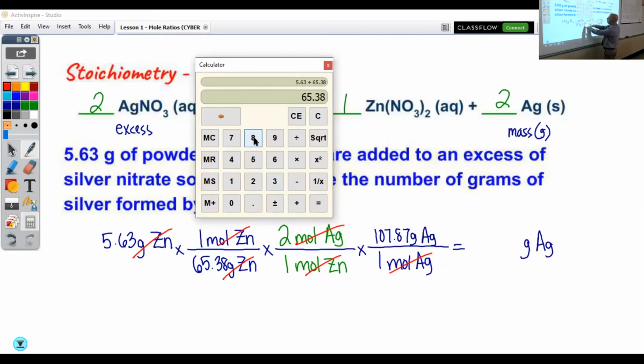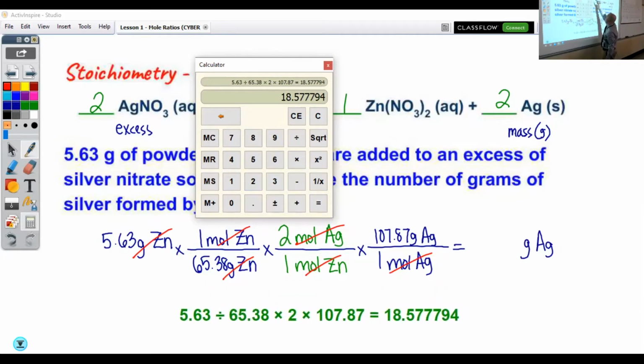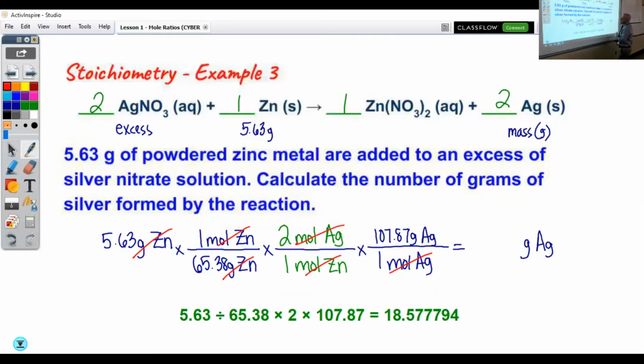Then the next fraction, we're going to multiply by 2. We don't have to do anything with the bottom here, so we can move on to the last fraction. We're going to multiply by 107.87. We don't have to do anything with the bottom because that's just a 1. So we get this as our final answer. So I'm going to drop this down here.